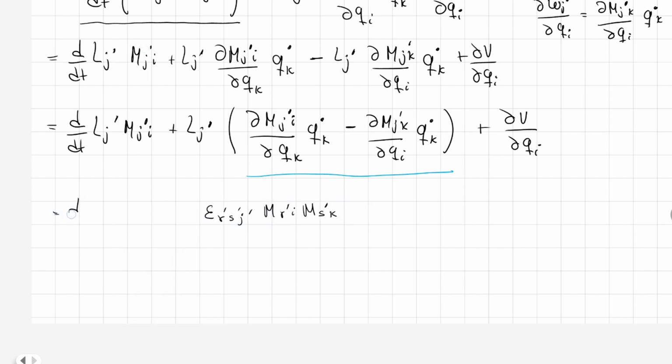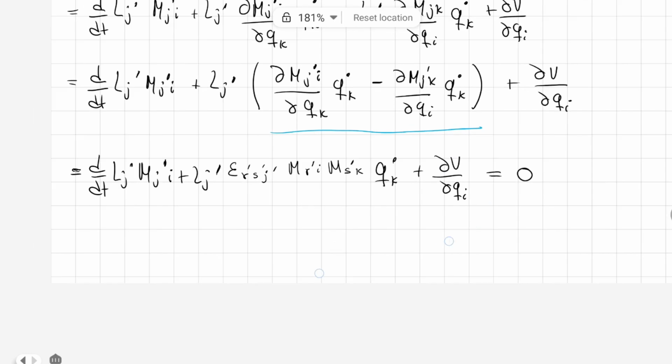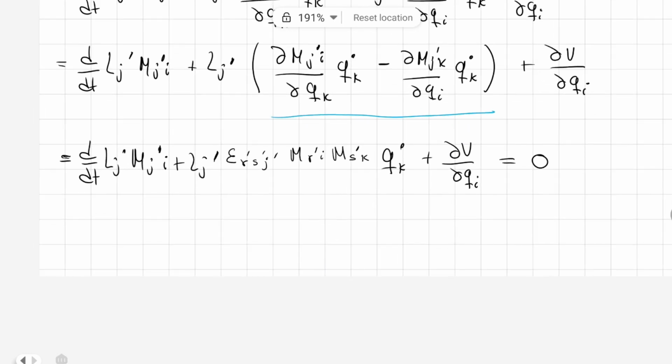And this will be the derivative with respect to time of l_j m_ji plus l_j that multiplies this. Well, it also multiplies a q_k dot, plus the partial of V with respect to q_i. Perfect. So this is equal to 0. Okay, well, we are about to get to the important result.